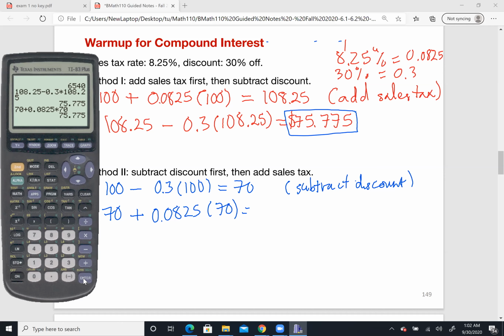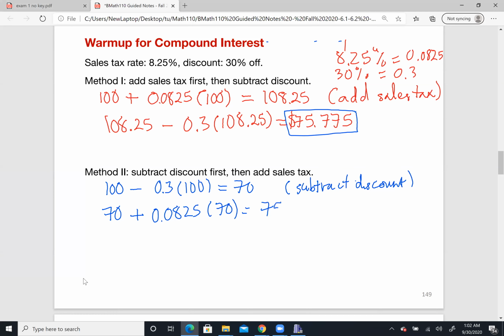Oh, so it looks like we have the same amount, whether we go by the way from the seller or the way that you were thinking. So let me write down the answer: 75.775.